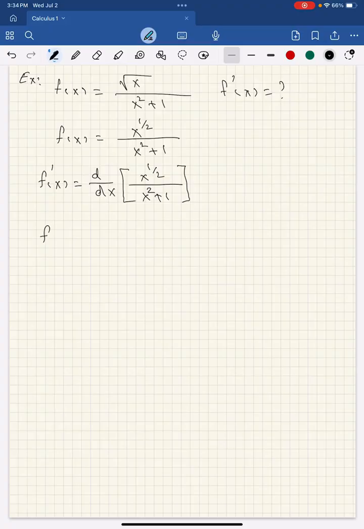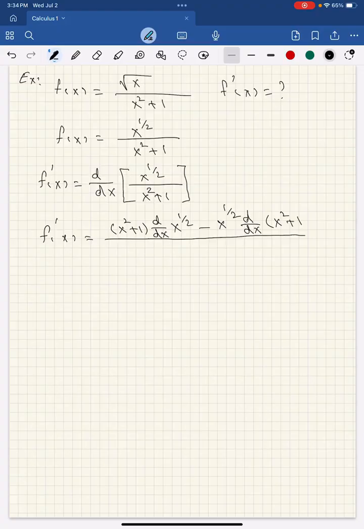Then f prime of x equals, apply the quotient rule: bottom, x squared plus 1, d dx of the top, d dx of x to the power of 1/2, minus top, x to the power of 1/2, d dx of bottom, which is x squared plus 1, over x squared plus 1 squared, over bottom squared.